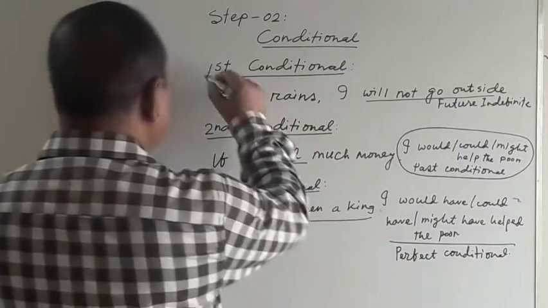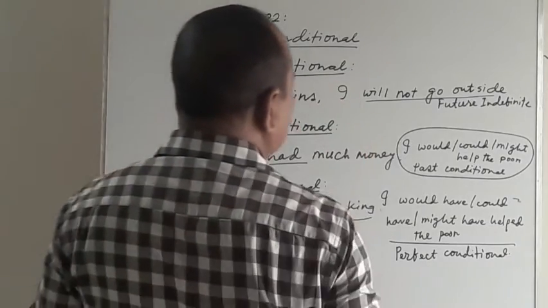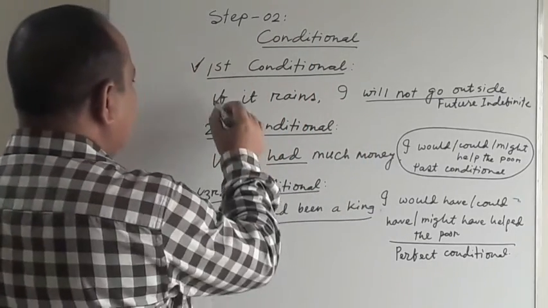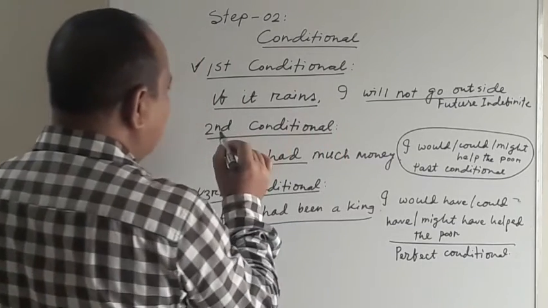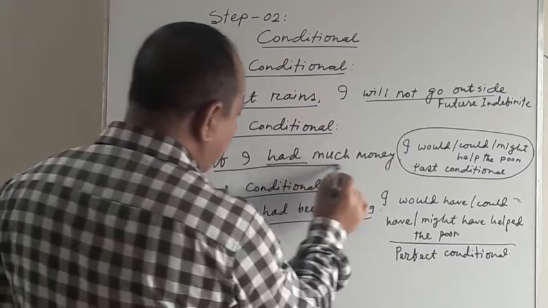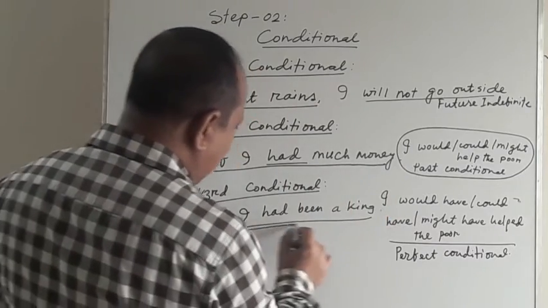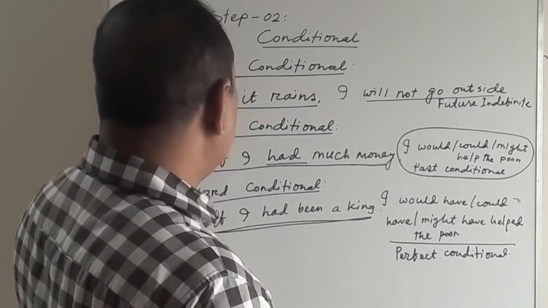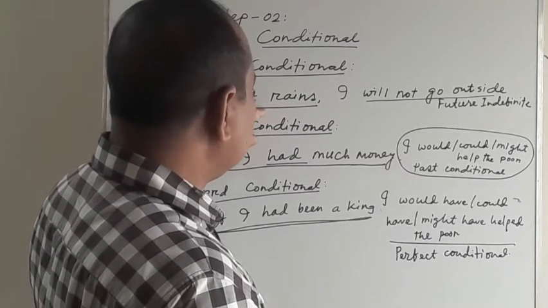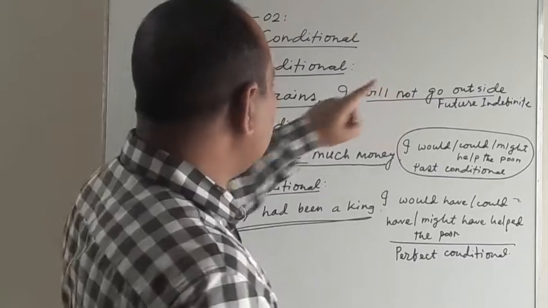Okay, in this way we can complete the incomplete sentences if the sentence begins this way: if plus present indefinite, if plus past indefinite, if plus past perfect. So I repeat, if clause is in the present indefinite, the next portion will be future indefinite.